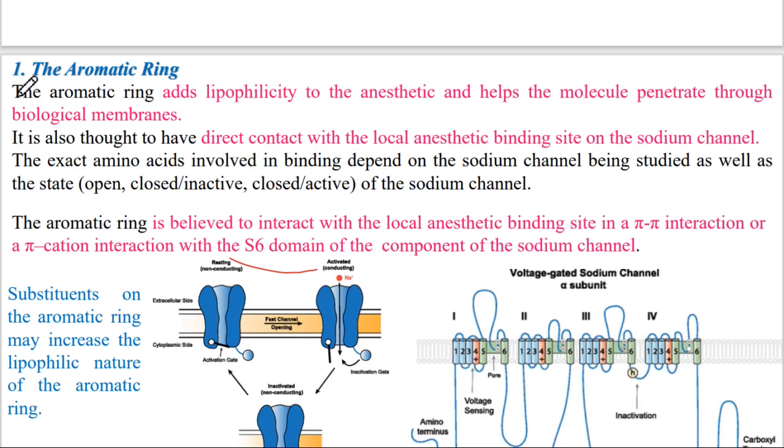So we have seen the 3 points. First, that the aromatic ring adds lipophilicity, because of which the molecule can easily penetrate any biological membrane or the blood brain barrier. Then second, we have seen that it has direct contact with the receptor binding site, or the local anesthetic binding site on the sodium channel.